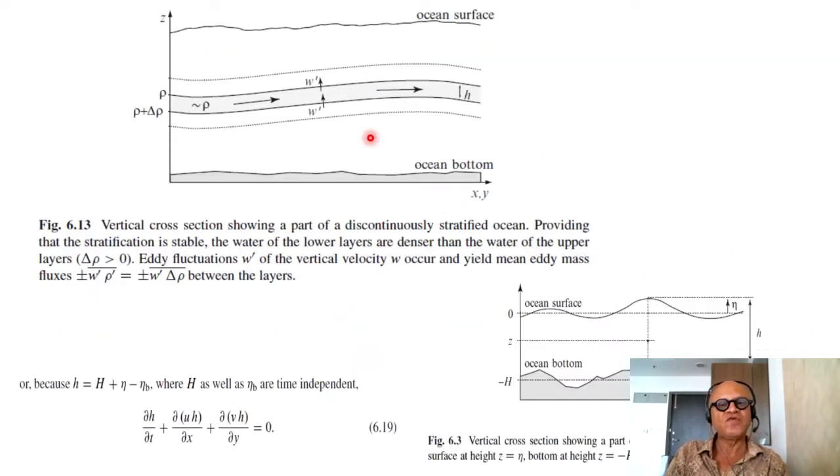What we are going to do for potential vorticity is to look at a more general realistic structure of the ocean.